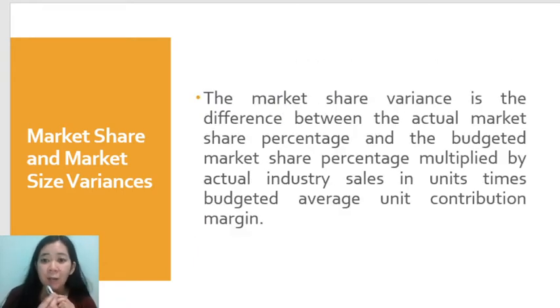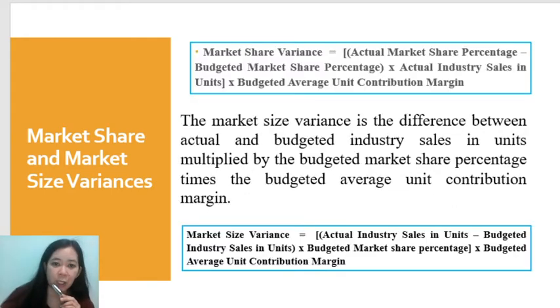The market share variance is the difference between the actual market share percentage and the budgeted market share percentage, multiplied by the actual industry sales in units times the budgeted average unit contribution margin. So this is our formula.